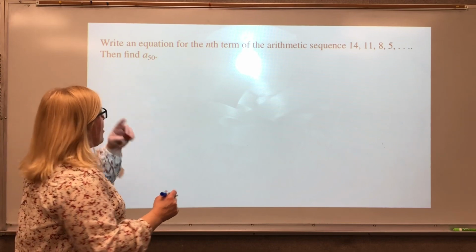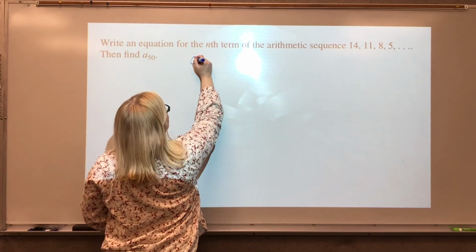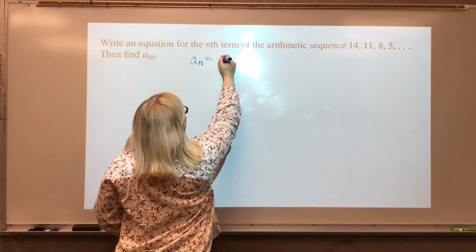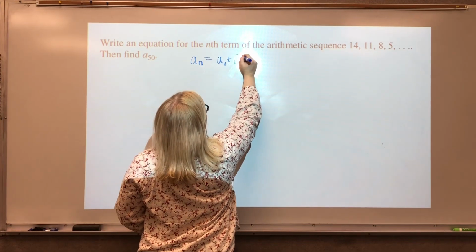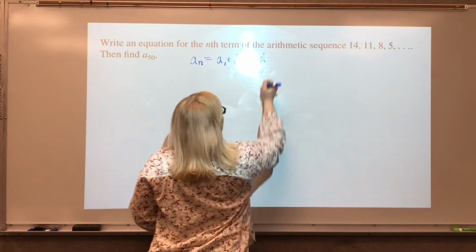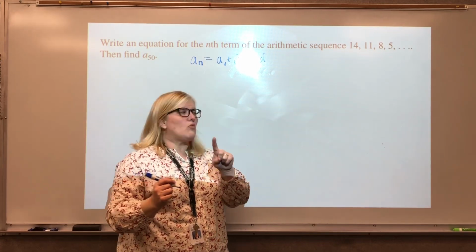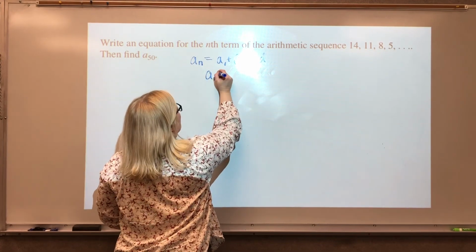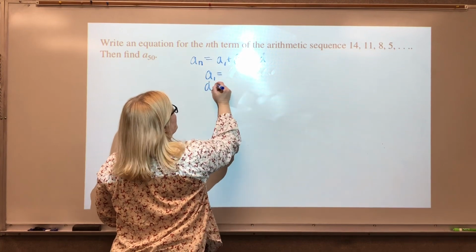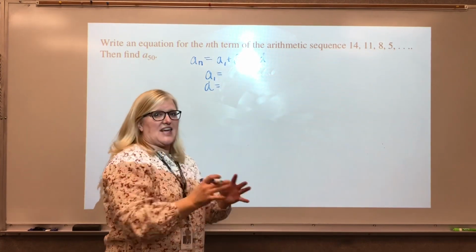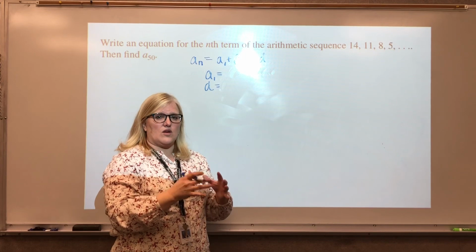Okay, so I have my formula. A sub n equals a sub 1 plus n minus 1 times d. And the two things that I need are a sub 1 and d, because n is just going to stay n in the equation.